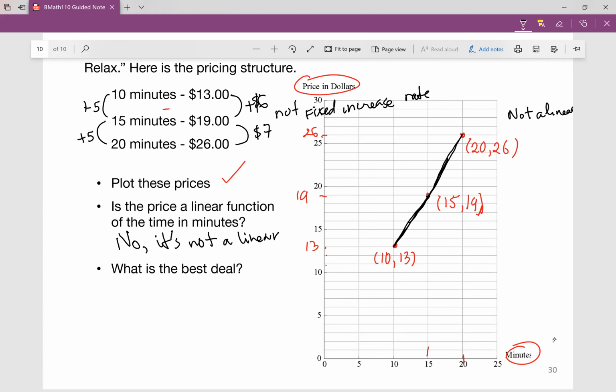And the question is, what is the best deal? Okay, so if we use $13 divided by 10, then for each minute you have to pay $1.30.